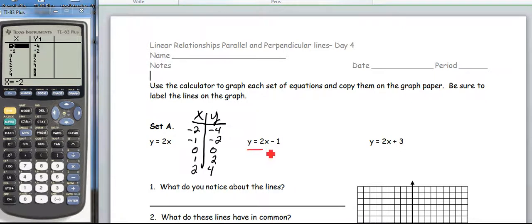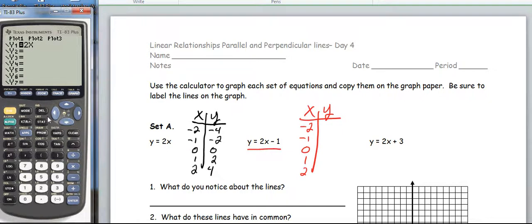And then for this one, we're going to do 2x minus 1. So we're going to make our table x, y, -2, -1, 0, 1, and 2. I'm going to go back to my y equals, clear that out, and put in 2x minus 1.